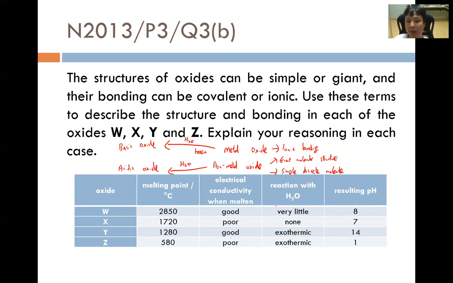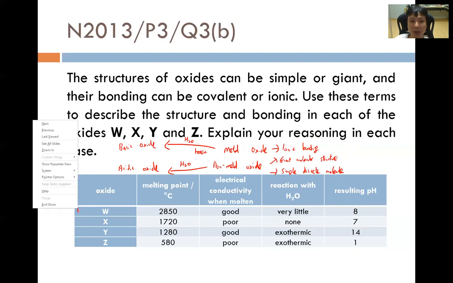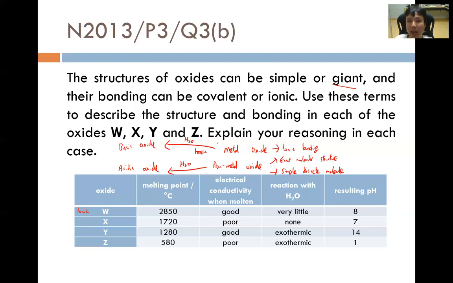So the fact that the reaction with water is very little, but not totally none, again points towards a metal oxide with ionic bonding. The resulting pH is 8, which is also consistent with a basic oxide. So definitely for oxide W, this is ionic bonding, and it's a metal oxide. The structure of this oxide is a giant ionic structure.